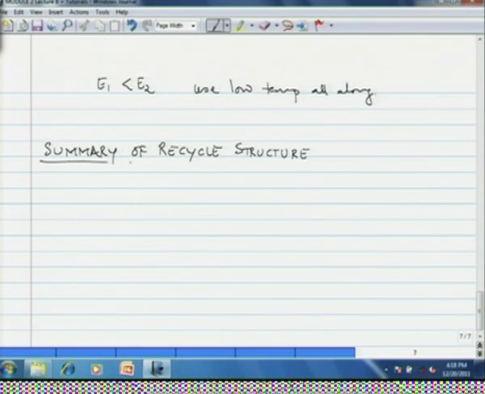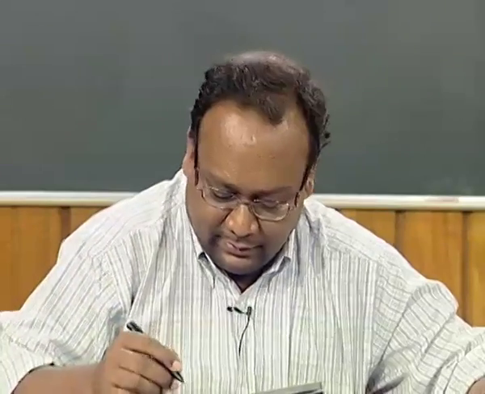We have essentially seen the questions or the decisions that we need to make to fix the recycle structure. The recycle structure of the flowsheet affects the cost of operation significantly, because the recycle structure decides the separation system, okay, and also the cost of recycling.